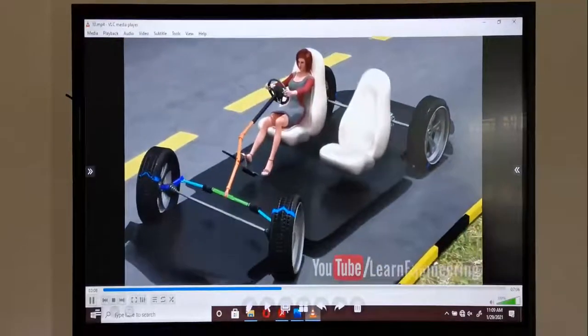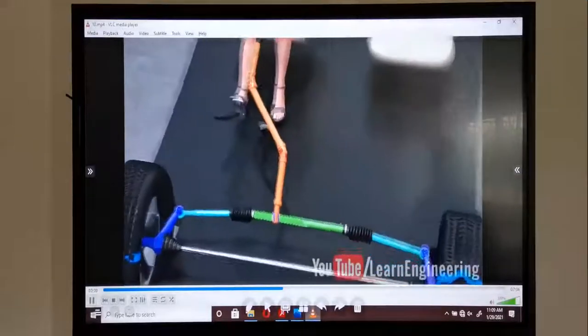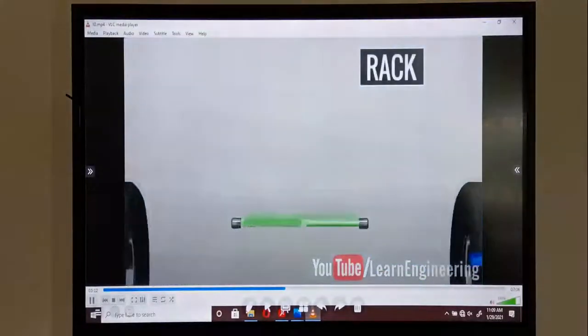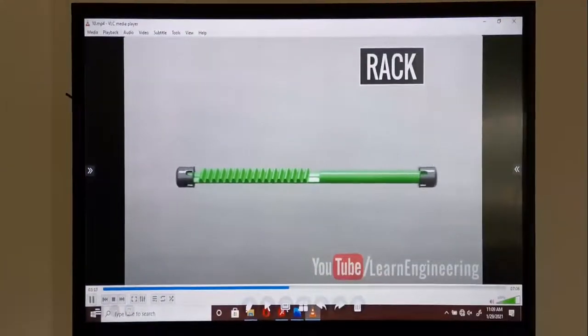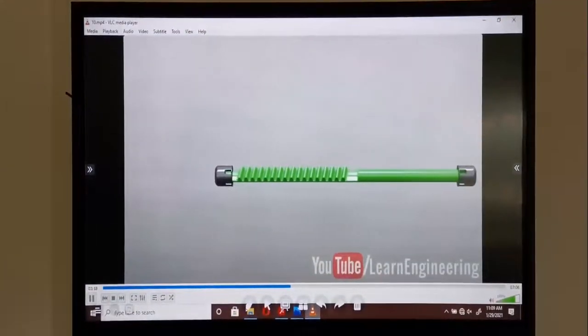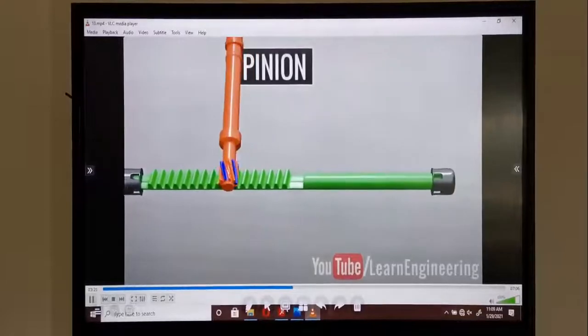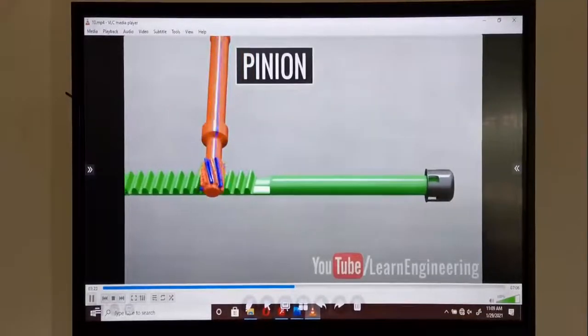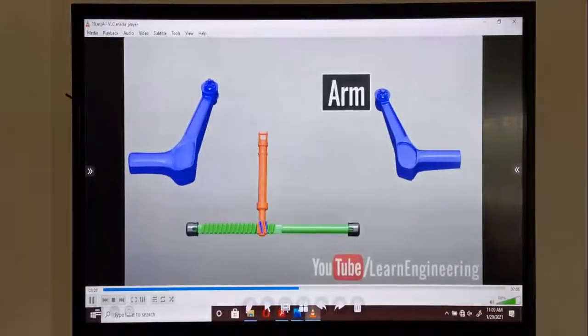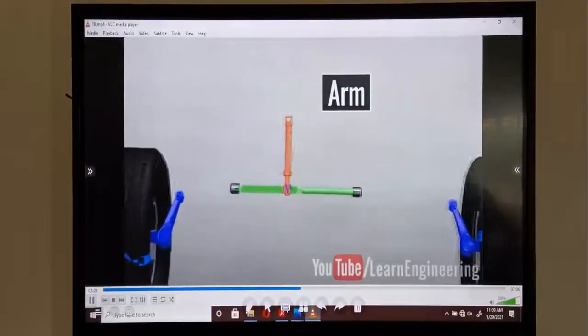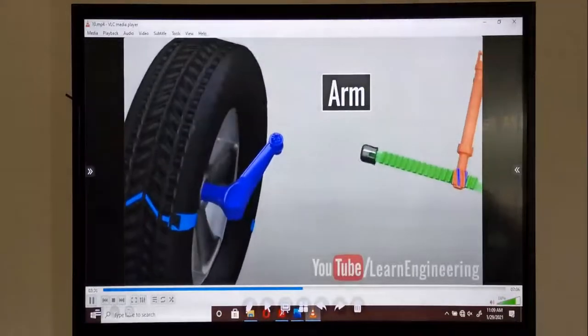So now you can see how the pinion moves onto that rack.